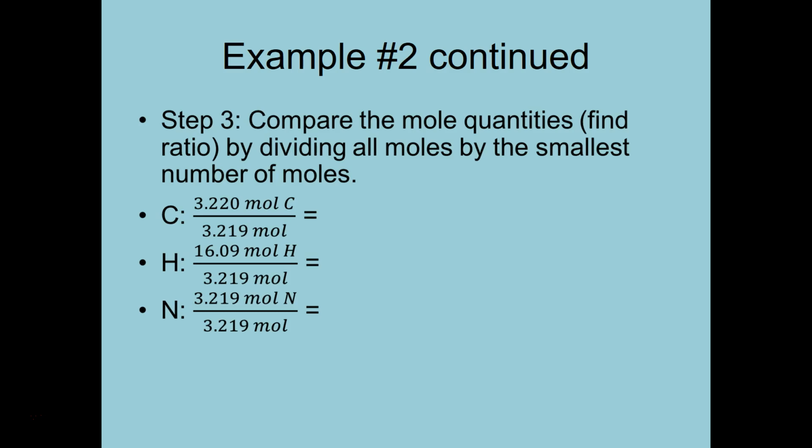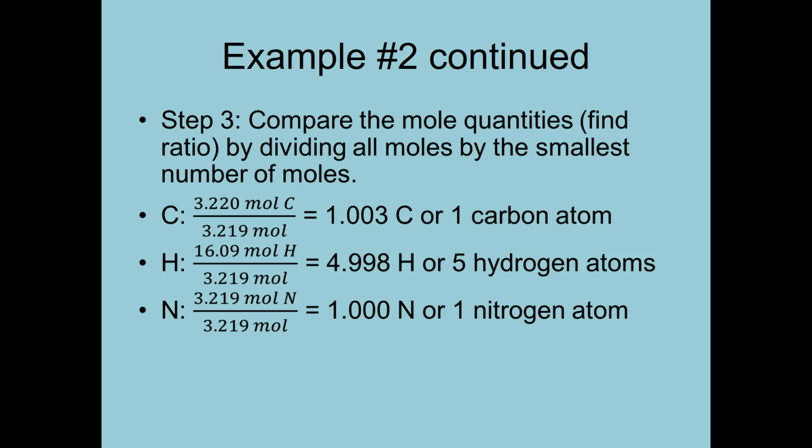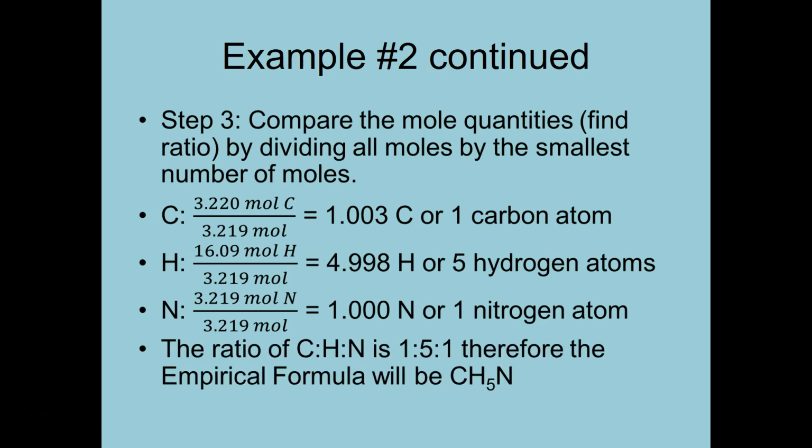So we divide each of our answers by 3.219 to get 1.003 carbon, which is essentially 1, 4.998 hydrogen, which is essentially 5, and 1 nitrogen. So that means our ratio of carbon to hydrogen to nitrogen is 1:5:1, meaning our empirical formula is CH5N.